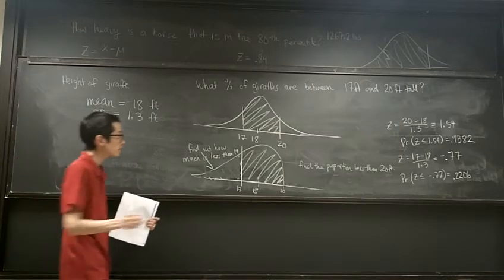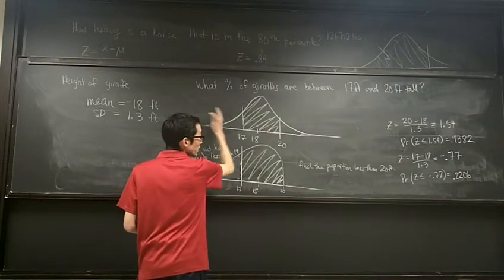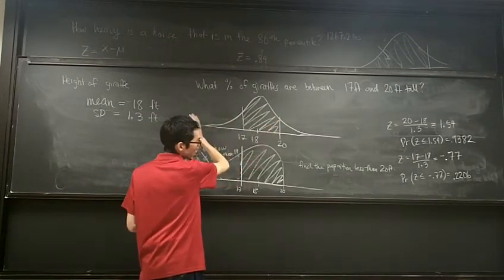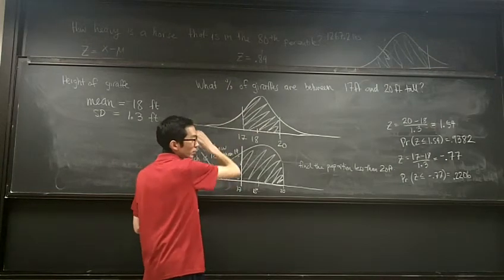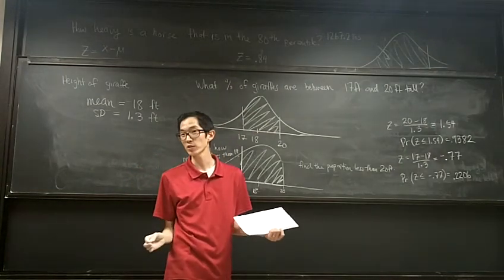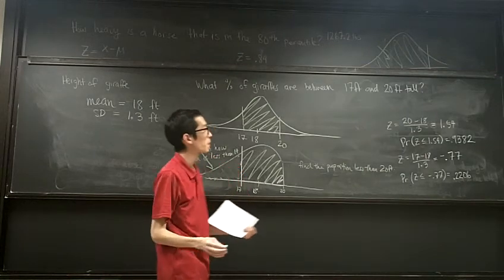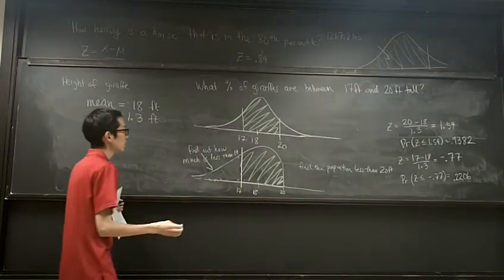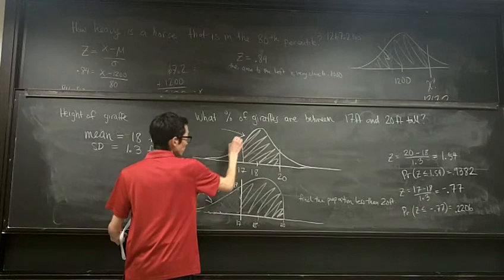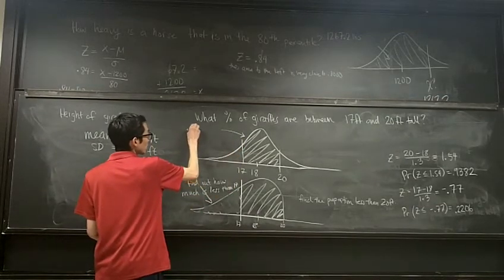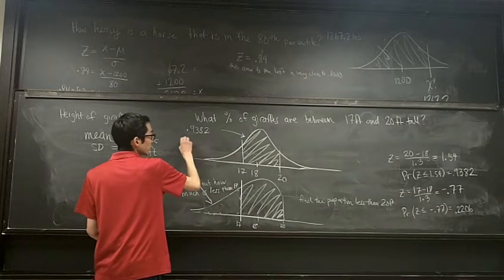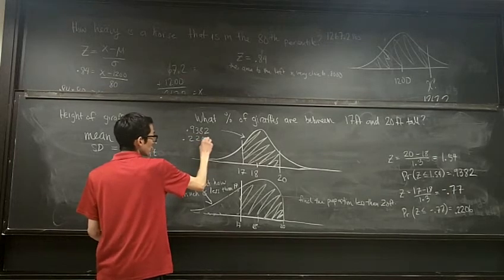Okay, so that says to the left of 20, I've got about 94%. And to the left of 17, I've got about 22%. So how much do I have in between? You subtract. I take the difference. So what's in between here is going to be 0.9382 minus 0.2206.